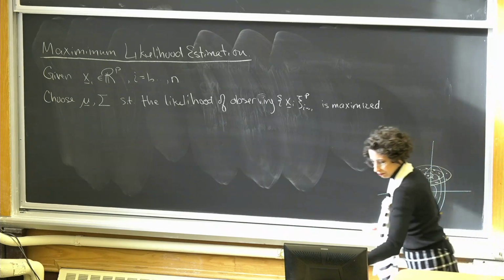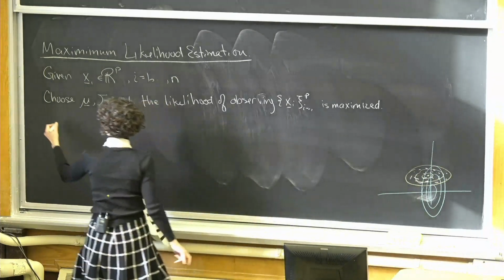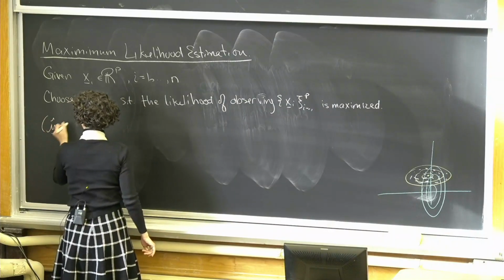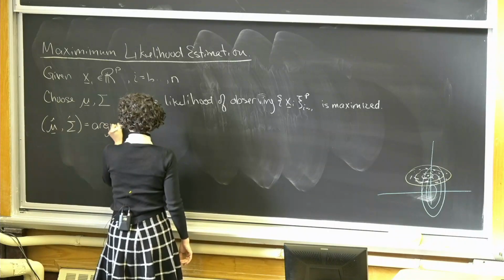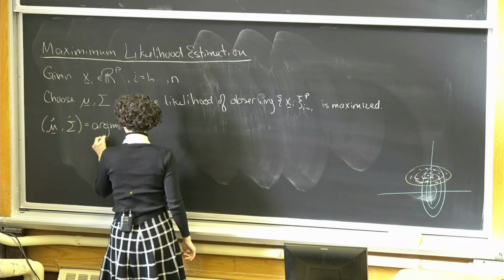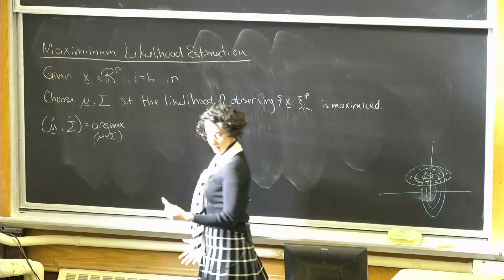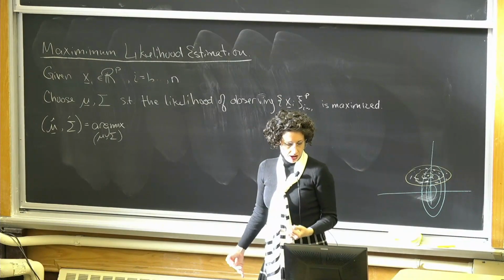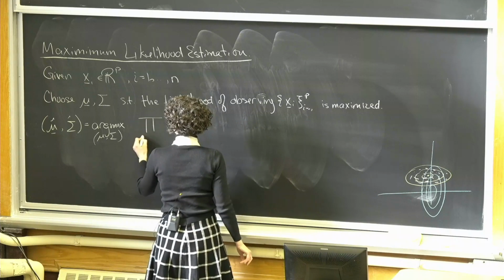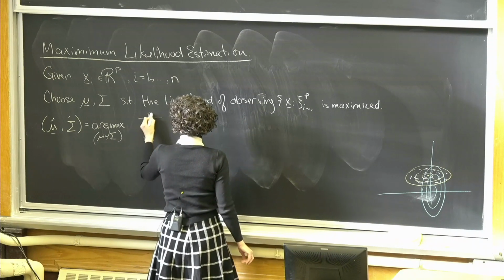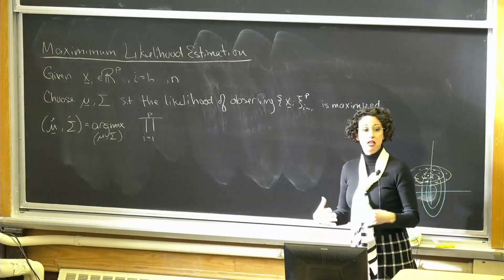So more formally, what we mean is that we are going to choose mu hat and sigma hat as the arguments mu and sigma that maximize the likelihood. And by the likelihood, what I mean is we are going to assume that all of the samples are drawn independently.